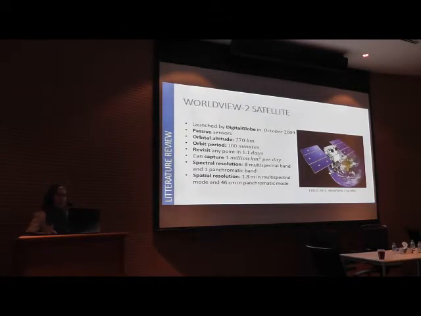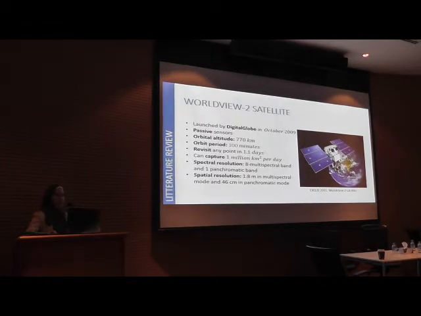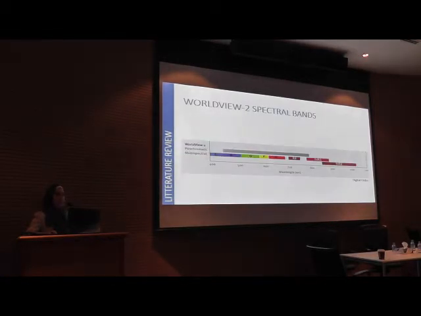It has a high spectral resolution sensor with 8 multispectral bands that range from the visible to near infrared. And also it has a high spatial resolution of about 1.8 meters in multispectral mode and 46 centimeters in panchromatic mode.